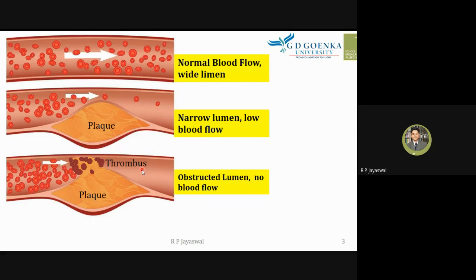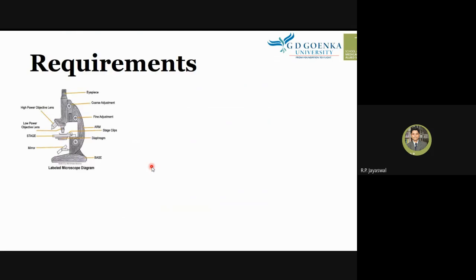And the clinical presentation is that because of the damage that occurs in the tissues, there is chest pain, what we call angina, right? So here let's learn about the experiment, how we can do this. We need a microscope.